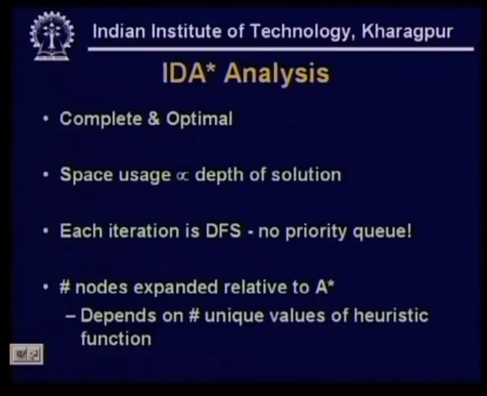Now, you note that what are the extra nodes which are expanded in every iteration? They are those nodes whose f value is immediately just greater than the f value of the nodes in the previous iteration.